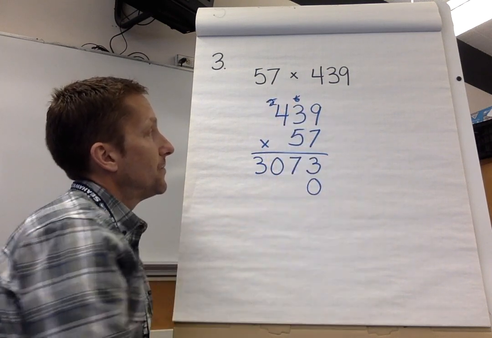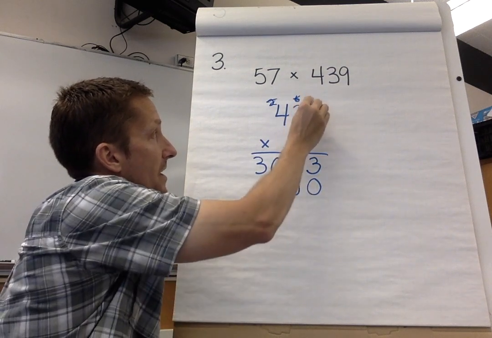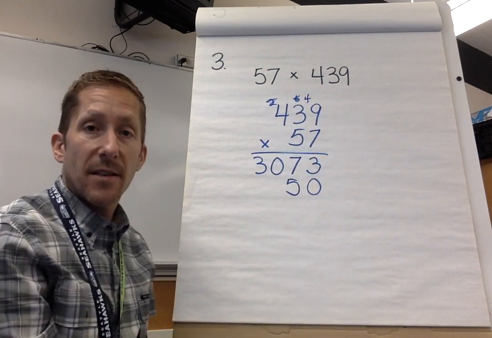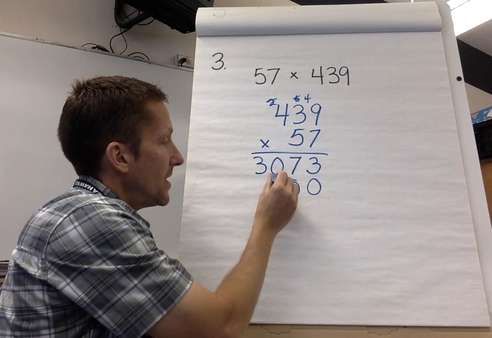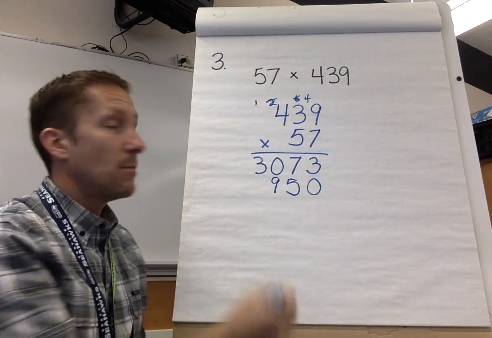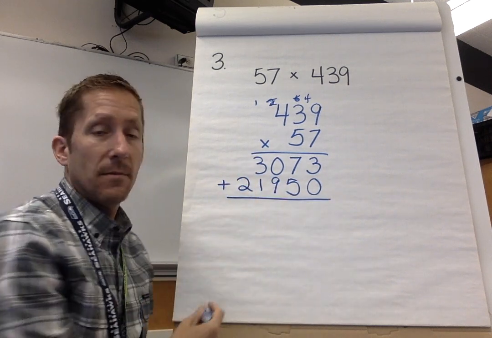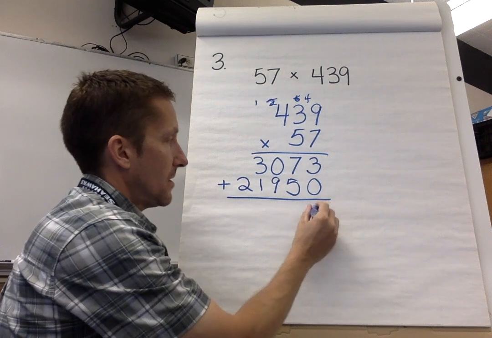Crossing these out. 5 times 9 is 45. 5 times 3 is 15, plus that 4 is 19. And 5 times 4 is 20, plus the 1 is 21. Now, I'm ready to add.